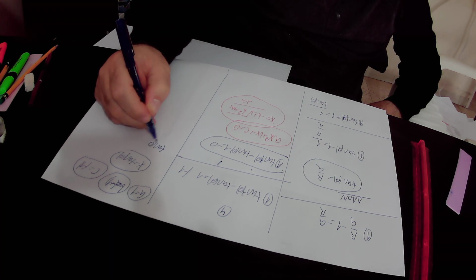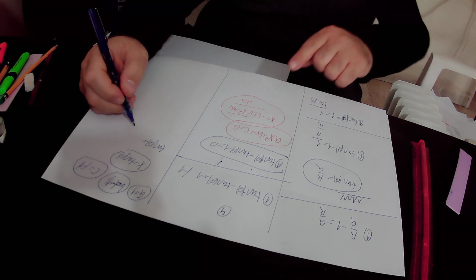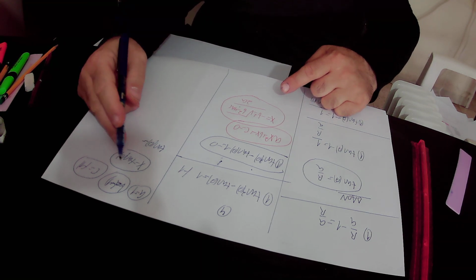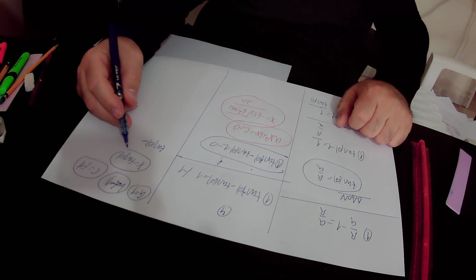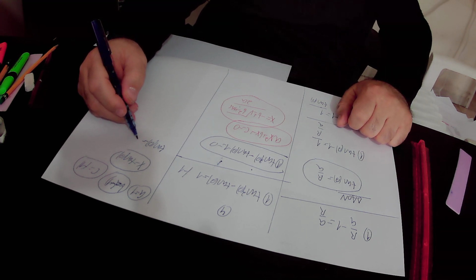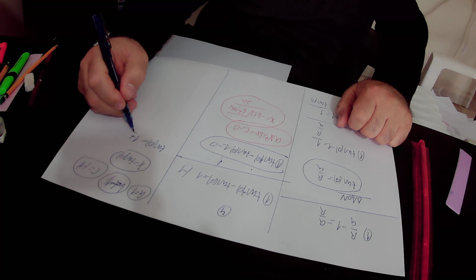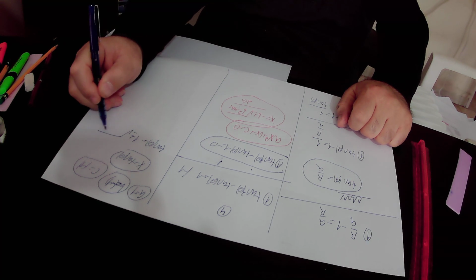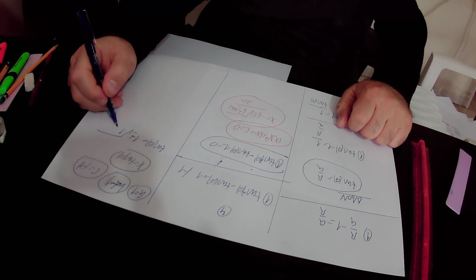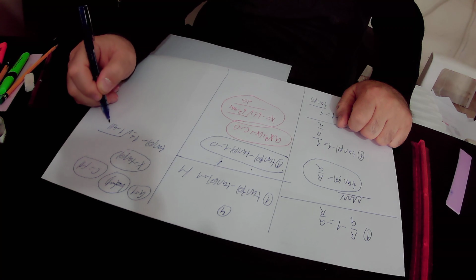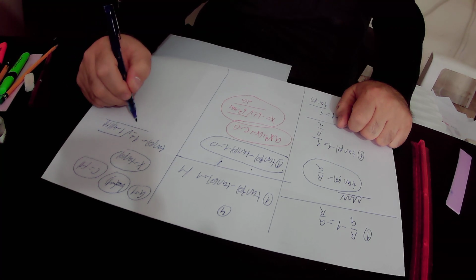So tangent theta equals minus b, which is minus minus 1, that is plus 1, plus minus the square root of b squared, that is minus 1 squared, which is 1, minus 4 times a, which is 1, times c, which is minus 1, over 2a. A is 1, so 2 times 1 is 2.